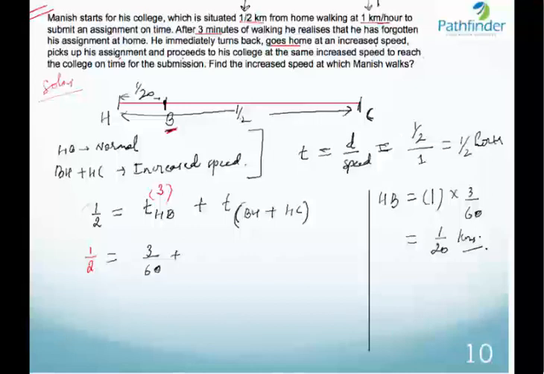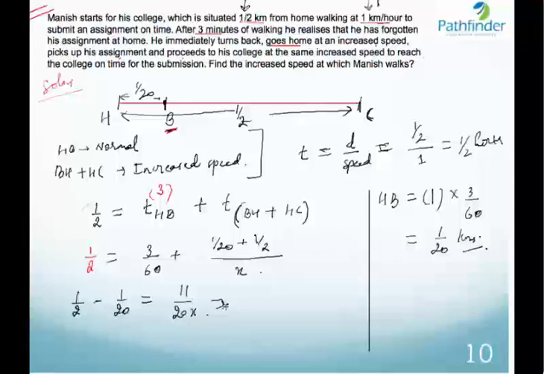So the total distance that Manish walks at the increased speed is 1 by 20 plus 1 by 2, and let us assume his increased speed is x. So on solving this, what do you get? On the left hand side you have 1 by 2 minus 1 by 20. This is equal to 11 upon 20x.